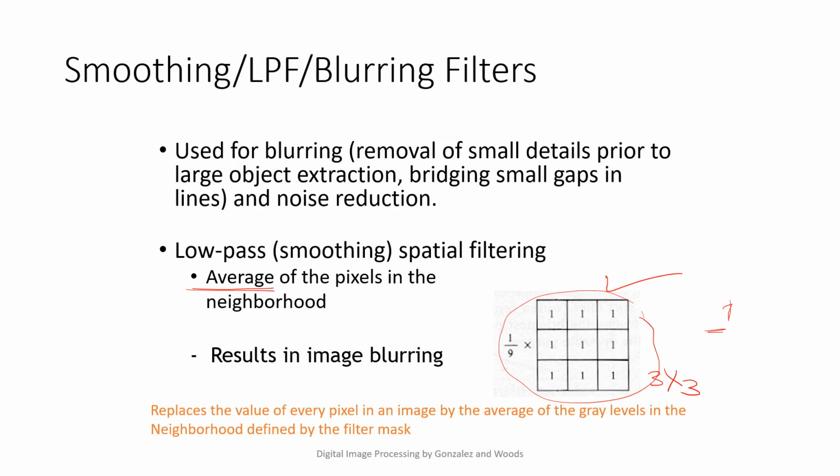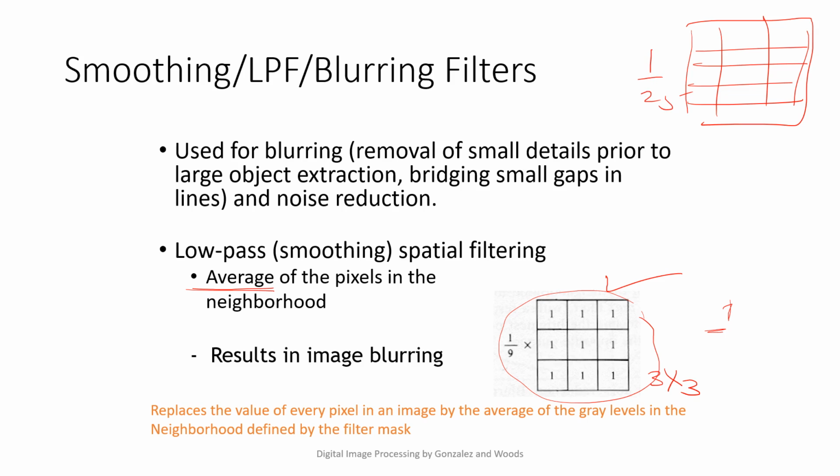If the filter mask size is 5 by 5, there will be 5 rows and 5 columns, and each element will be 1 by 25, because the sum of all the coefficients should be 1. So you can generate your own mask and apply it.